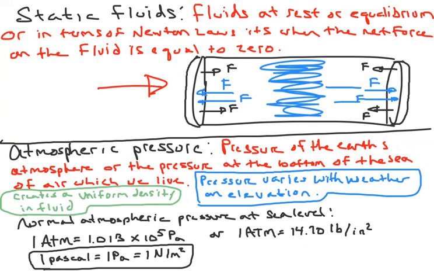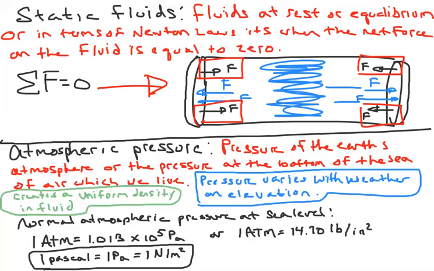These forces that are being exerted back on the fluid are equal and opposite. This is a closed container, so this liquid is in equilibrium. That's another way to look at it: the sum of the forces is equal to zero, and that's the main definition of a static fluid.